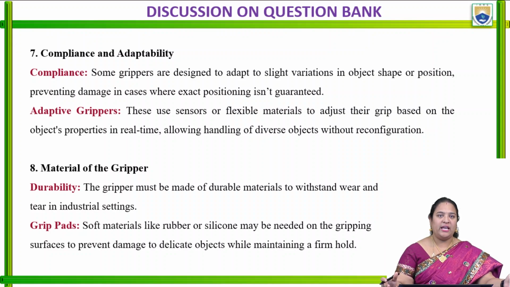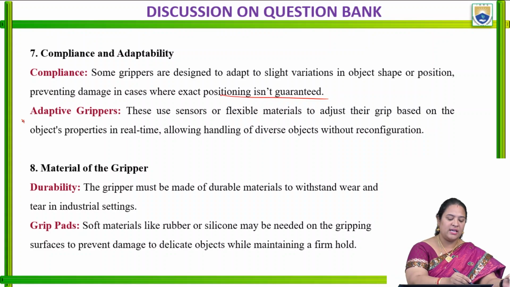So we should take care of the compliances when we come across the design of a robot end effector. That is, some gripper should be designed so that there will be a slight variation in the object with respect to its shape or position, preventing damage in cases where the exact position isn't guaranteed.